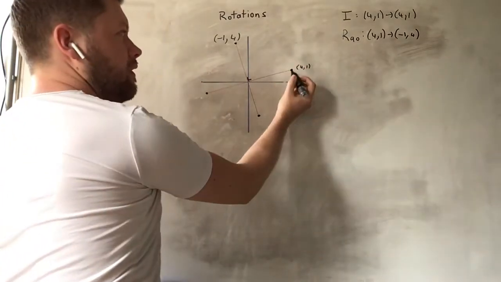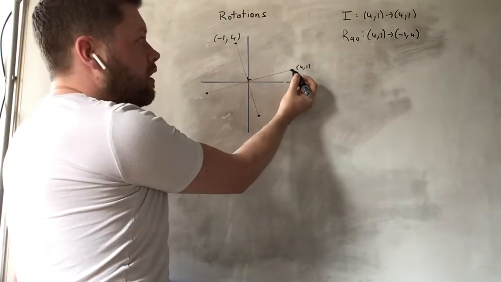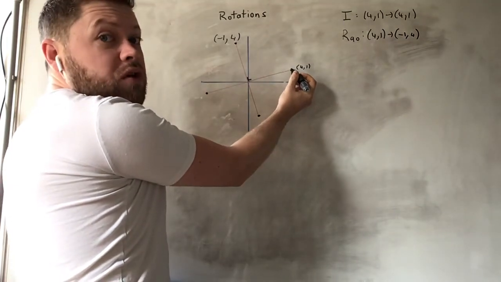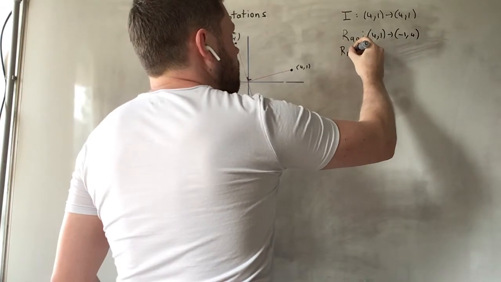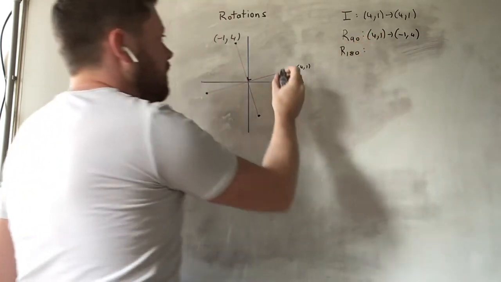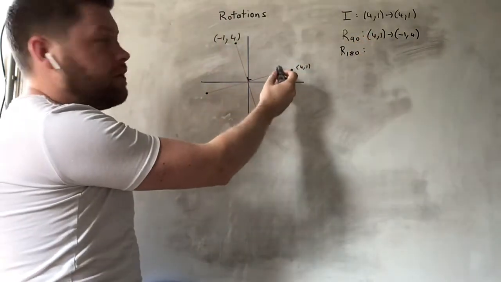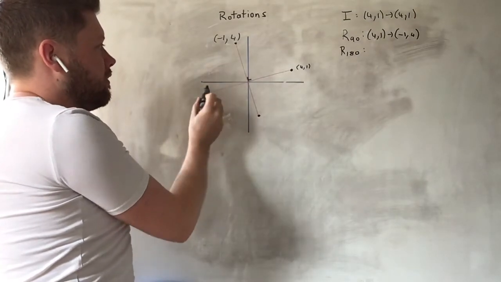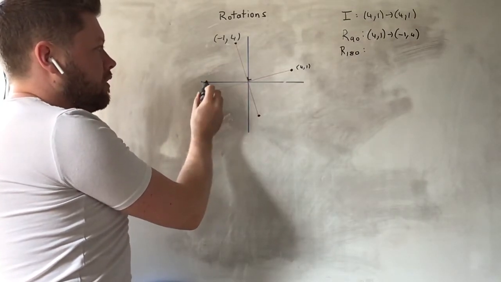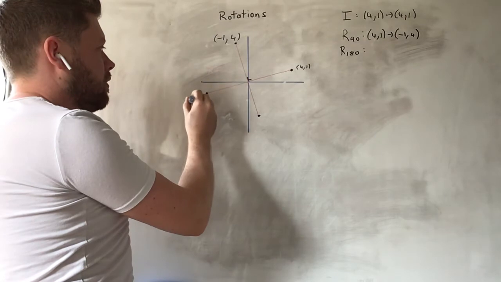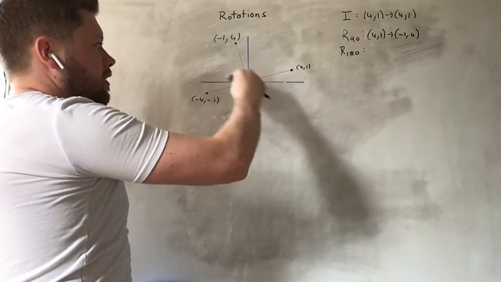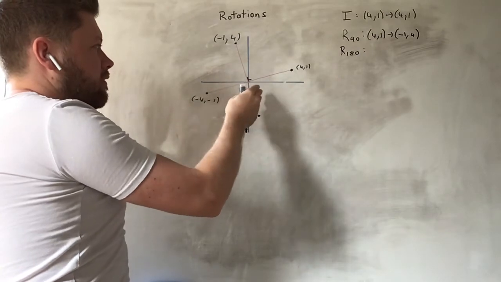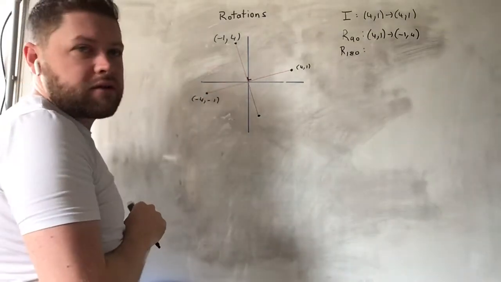If we still stay at this point 4, 1, but now do a 180 degree rotation, R180, the point moves from 4, 1 over here. That's minus 4, minus 1. It's underneath the x-axis and into the negative x.